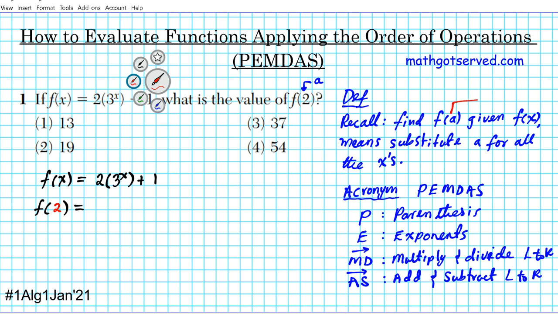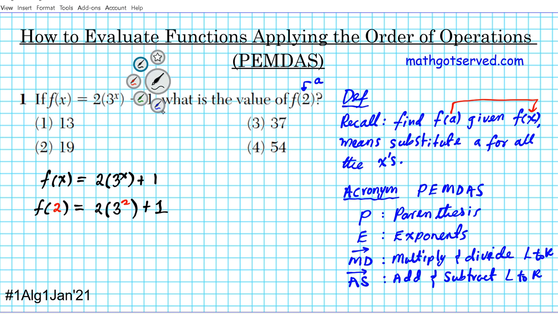Okay, so our a in this particular case is 2. So we're just going to substitute all the x's with 2. So f of 2 is going to be 2 times 3, so instead of it being 3 raised to the x power, it will be 3 raised to the second power. Okay, that's a substitution. Or you can also call it evaluation using function notation.